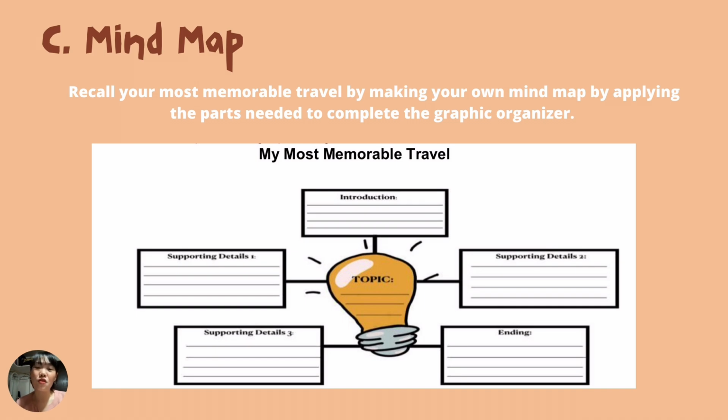So the topic of your mind map is my most memorable travel. Here is the introduction, supporting details 1, supporting details 2, supporting details 3, and then the ending. And in the middle, you have your main topic. So you are going to make your most memorable travel.